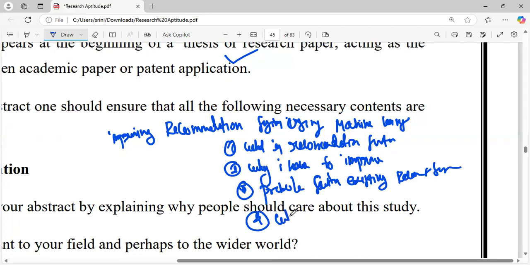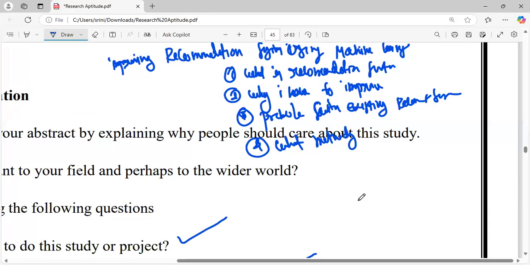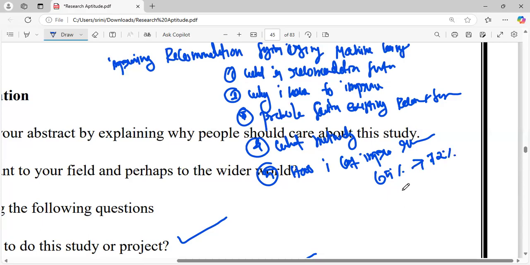Then what methodology I can use to improve the recommendation system, and how I can improve it, in numbers. If the existing recommendation system works up to 65% correct, I can say that my solution has improved it from 65 to 72%.